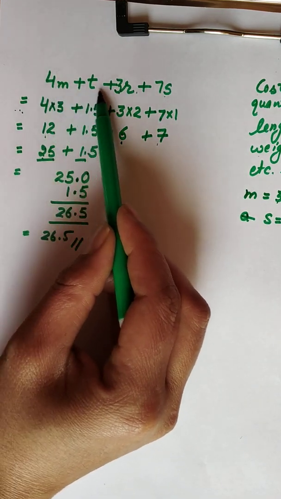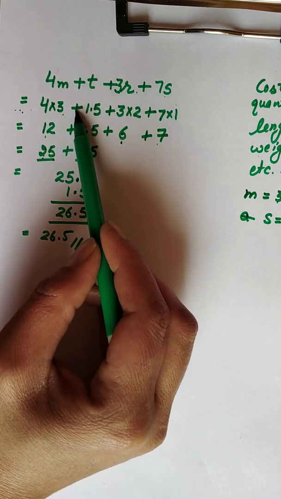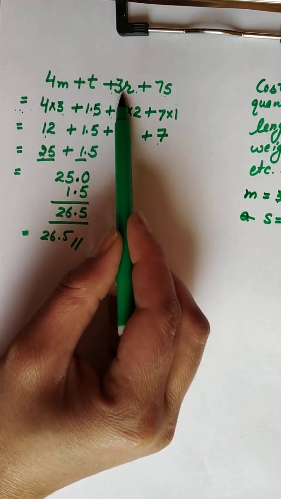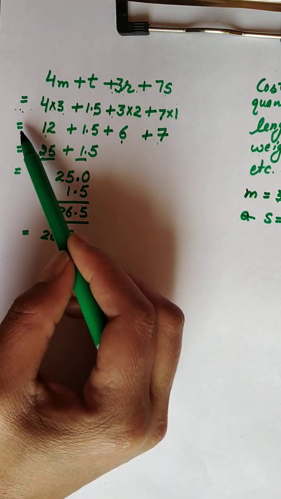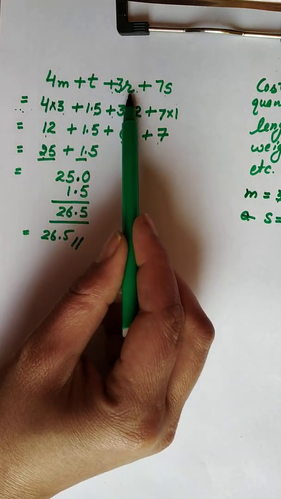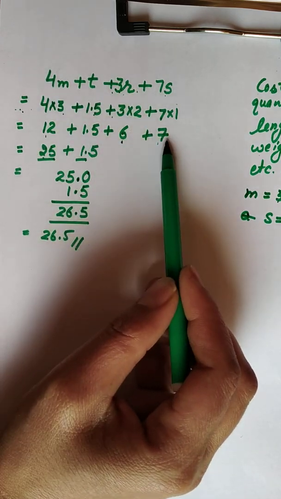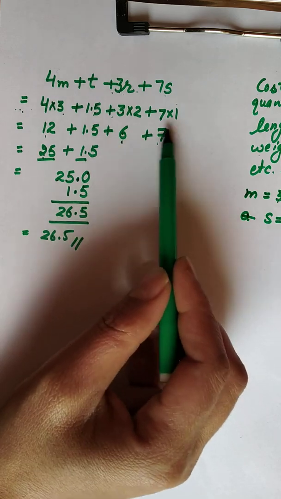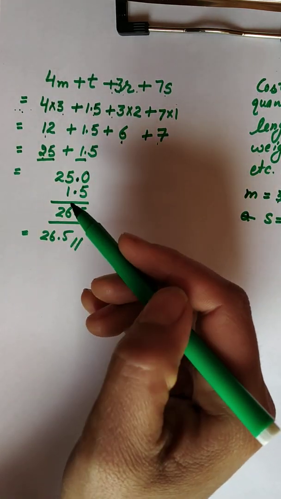This means this whole is equal to 4 into 3, and this is plus 1.5, then plus 3 into 2, then plus 7 into S. Then we'll calculate all 4 things, because there were 4 different types of things. Then you should have 4 numbers. Then you have to add them as per your number knowledge.